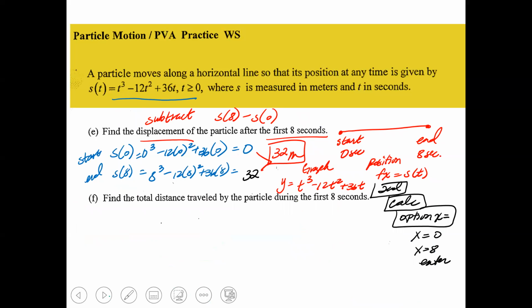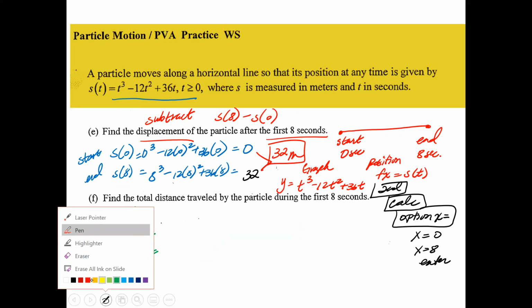So if I were to find the total distance traveled by the particle during the first 8 seconds, I will have to do S of 0, S of 2, S of 6, S of 8. So grab your calculator.